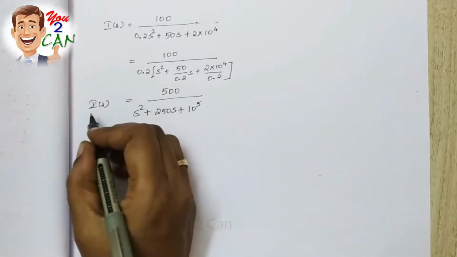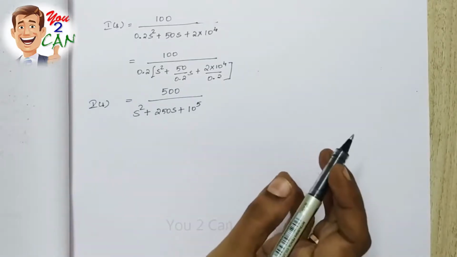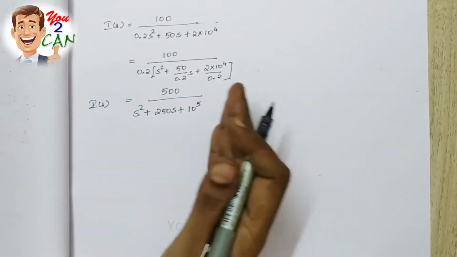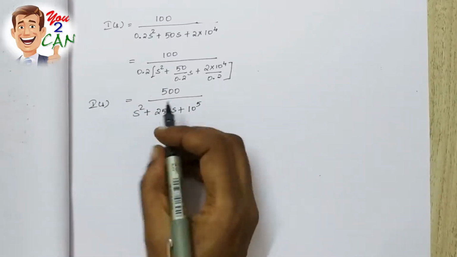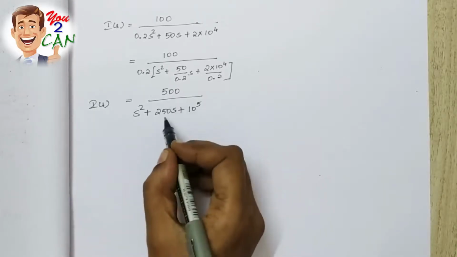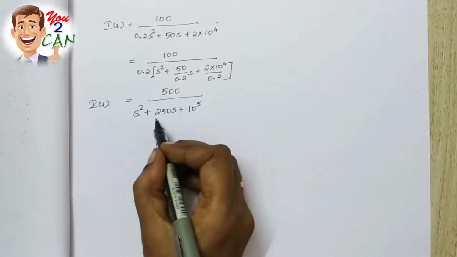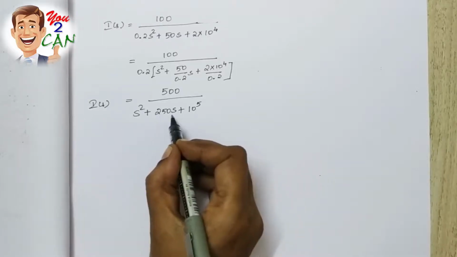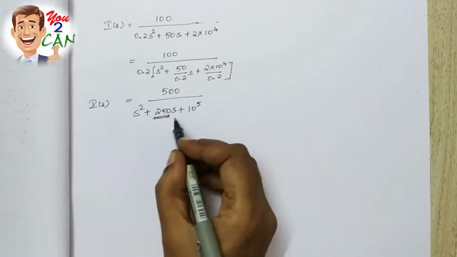Here we have already known that the roots are complex conjugates, so no need to find the roots again here. And here there is one method I am telling you. Here you have to see what is the coefficient of s. S is 250, so consider this 250 and divide this by 2.